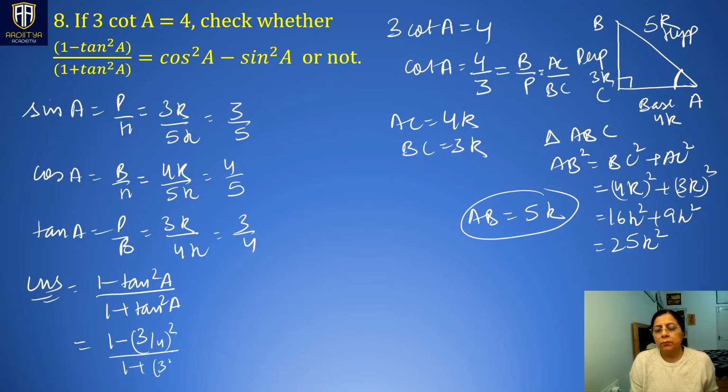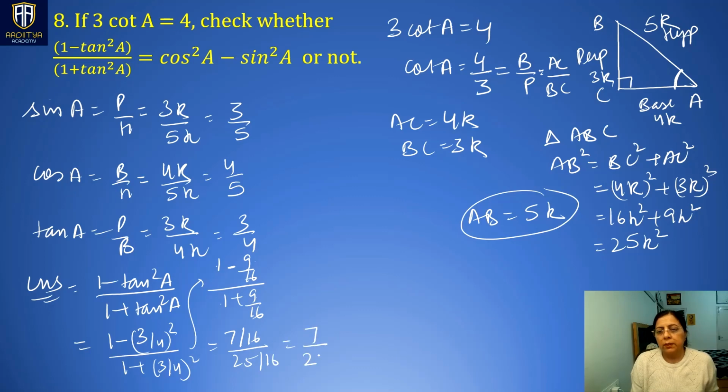So this is equal to 1 minus 9 by 16 upon 1 plus 9 by 16. Take LCM. 16 minus 9 is 7 by 16, 16 plus 9 is 25 by 16. So we get 7 by 25 as the value of LHS.